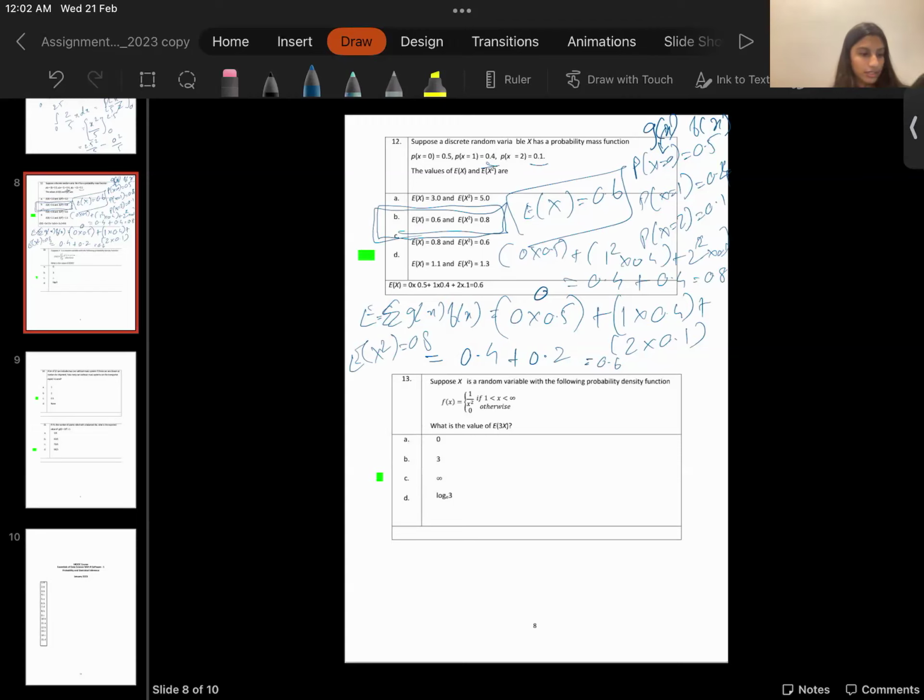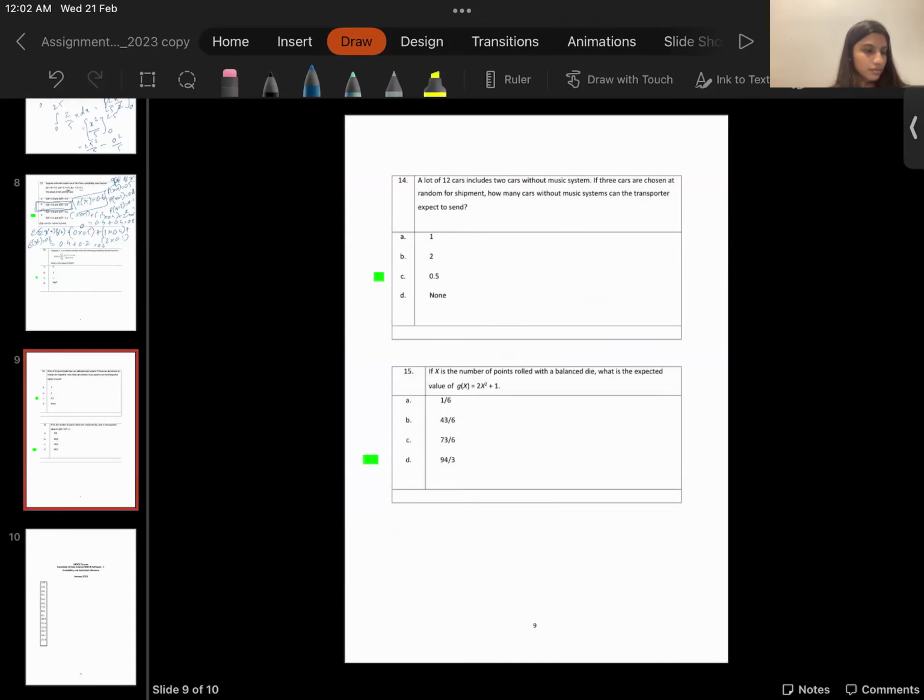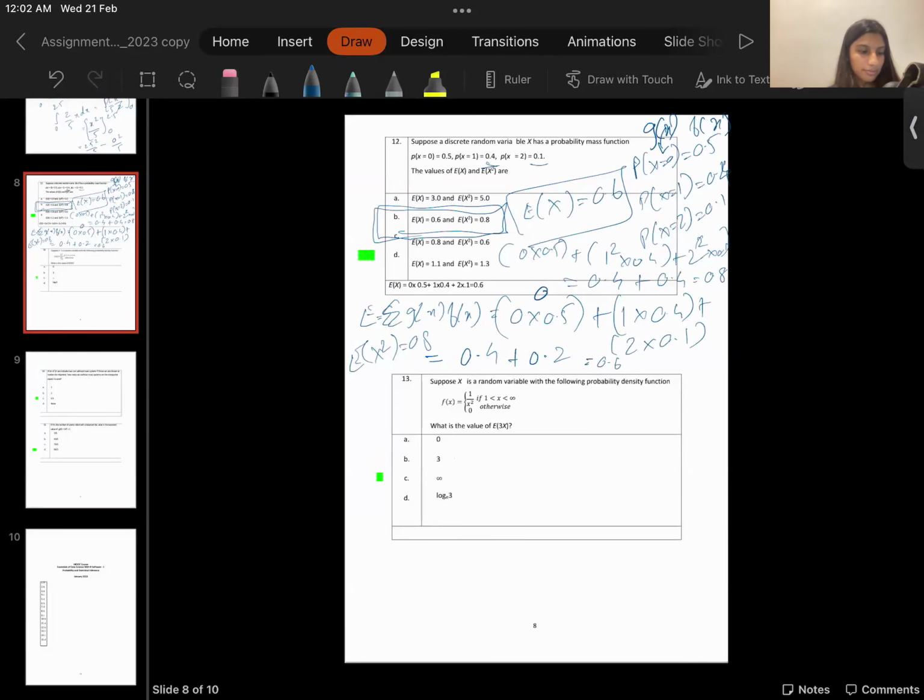And then next question is, suppose x is a random variable with the following probability density function: 1 by x square, where x ranges between 1 to infinity. So we have to calculate the E of 3x. So E of 3x can also be written as 3 into E of x. So yeah, let's just solve this now.